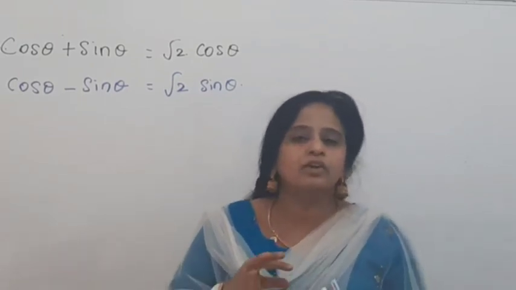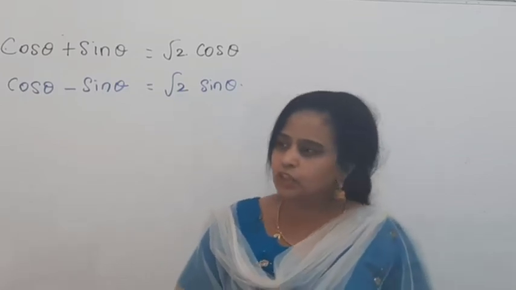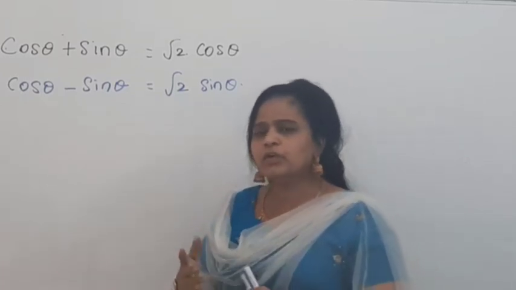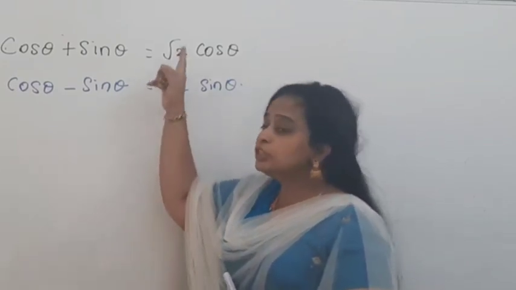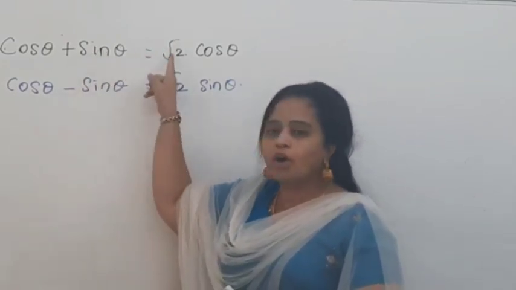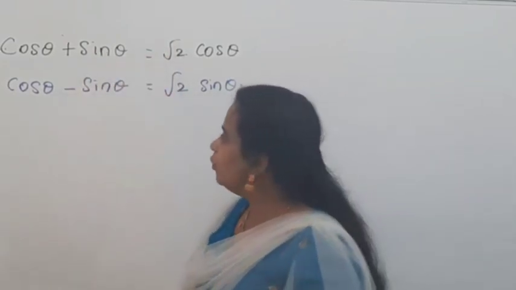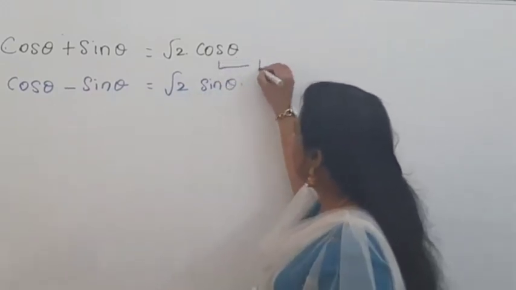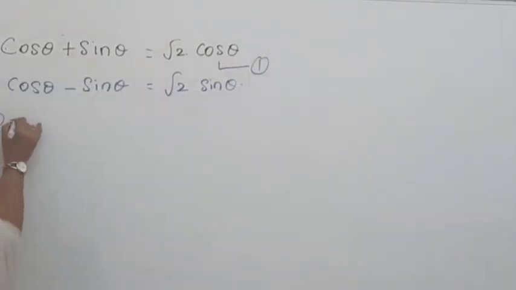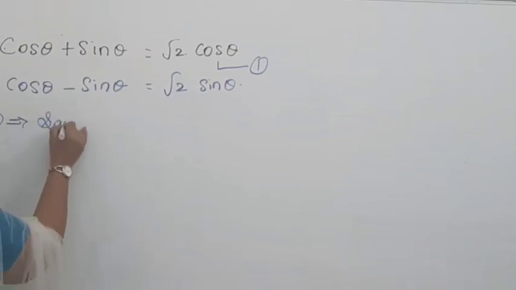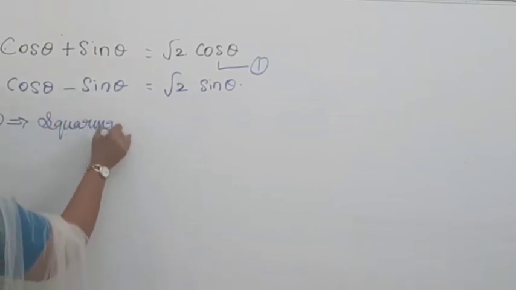That is what your immediate thinking must be. So how do you remove the square root? Root 2 square is just the number 2. So you have to square it. Squaring on both the sides. I will name this as 1, squaring on both the sides.